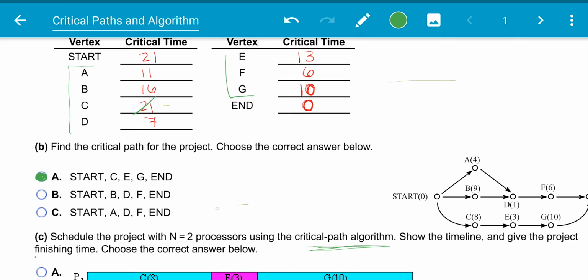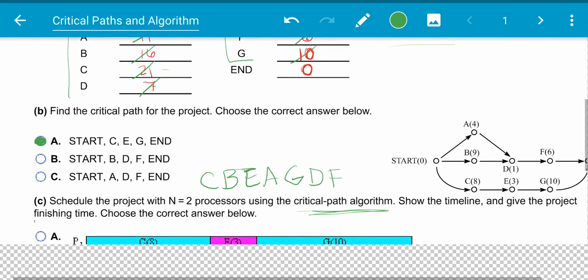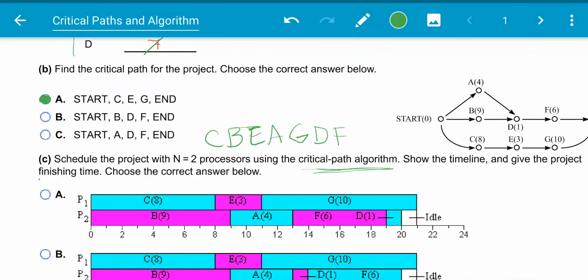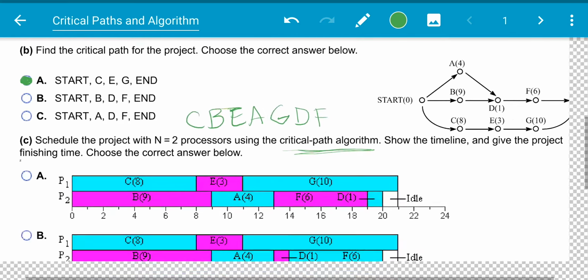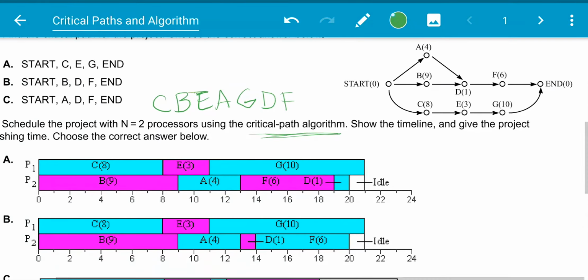We have C, then the next biggest number is B, then E, then A at 11, then G at 10, then D at 7, and then F with 6. So now we have an essential priority list that's created, and we do it the exact same way as we would before.